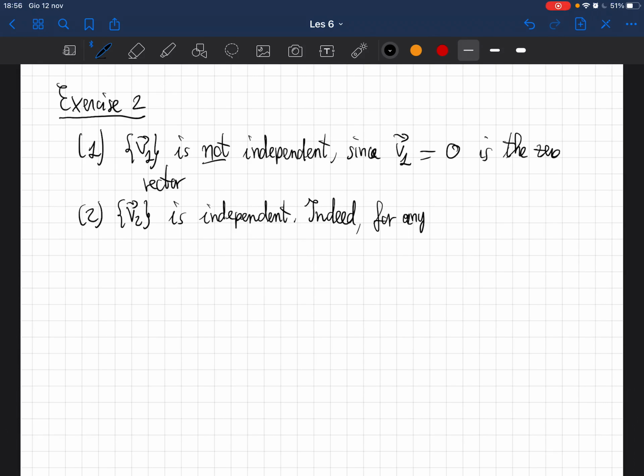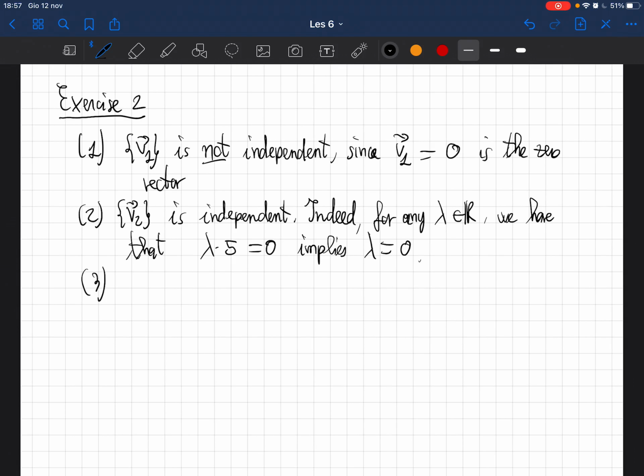For any lambda, we have that lambda times 5 equal to 0 implies lambda equal to 0. That's okay.